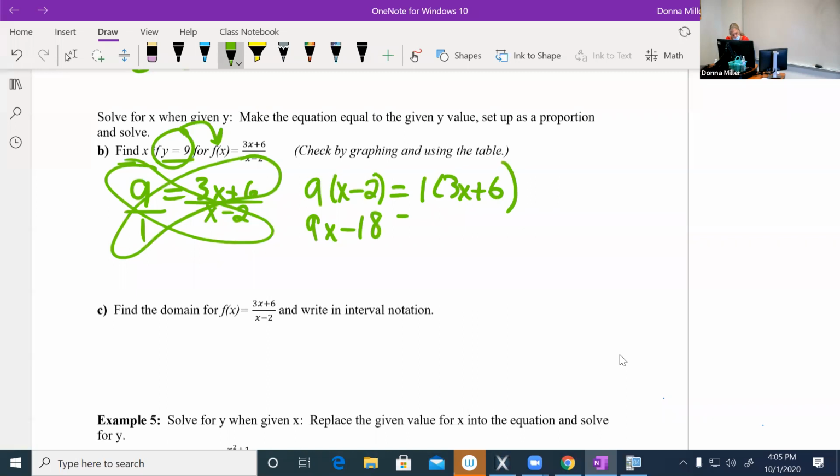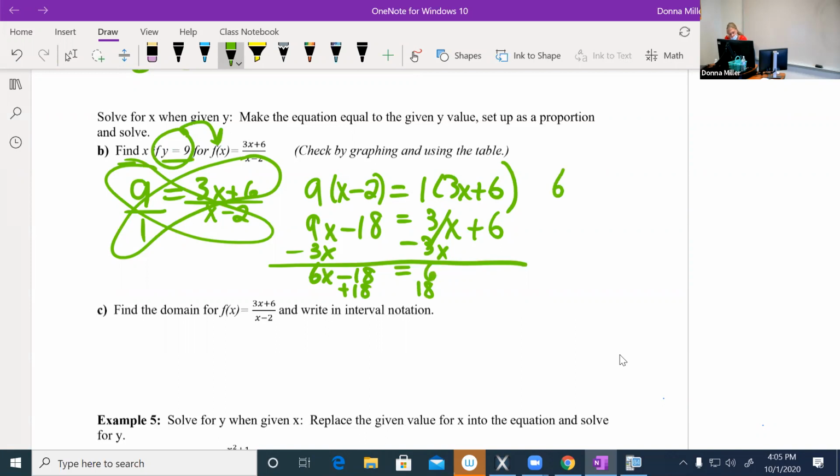Just distribute. All right, I'm going to subtract 3x. I get 6x minus 18 equals 6. I'm going to add 18. 18 plus 6 is 24. So 6x equals 24. Divided by 6, and x equals 4.